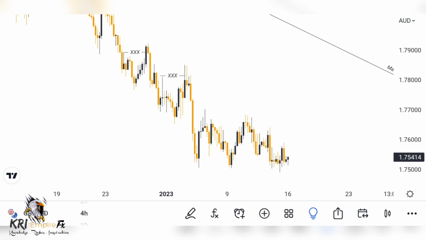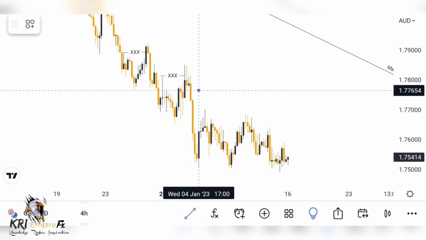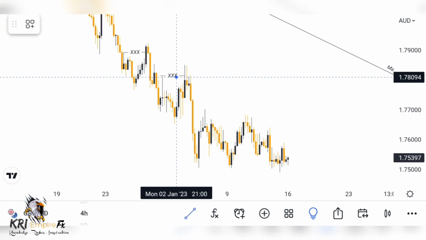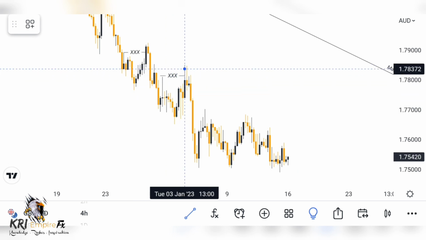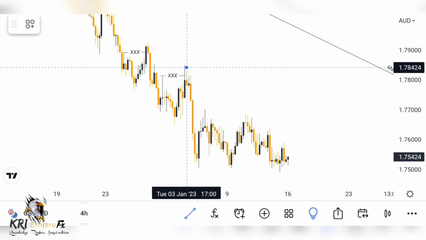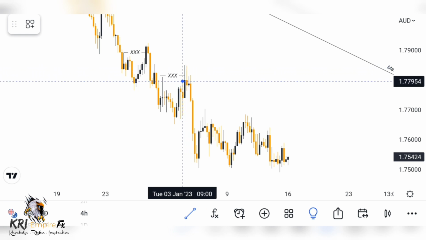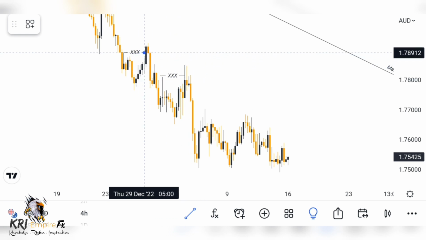But then we are only going to consider this because it is our latest point where price took our liquidity. So we would consider this a lot more than we would consider this point.